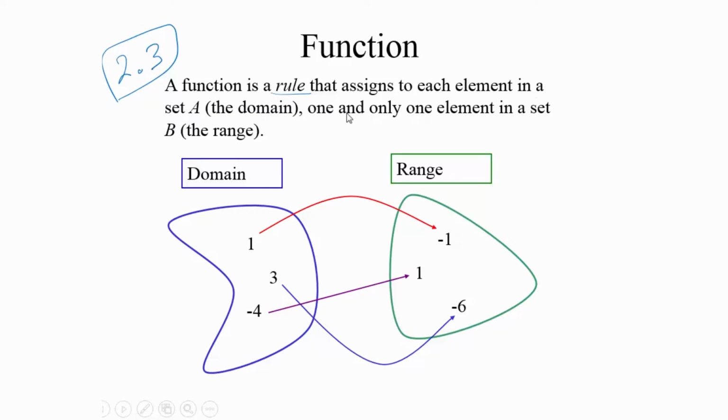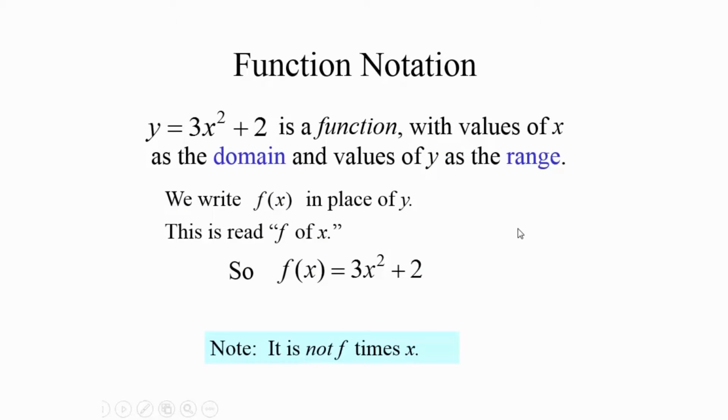It assigns to each element in the domain one and only one element in the set B. In other words, you cannot have, if x is equal to 1, either -1 or +1, more than one value. We're going to see this graphically and use an example. It will become clearer in a moment.